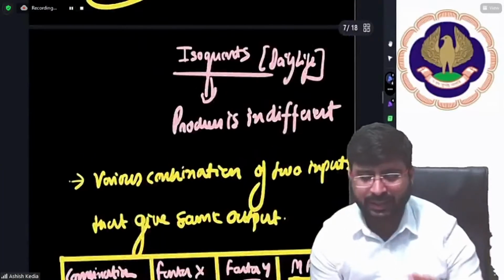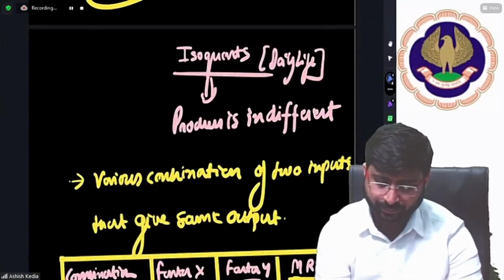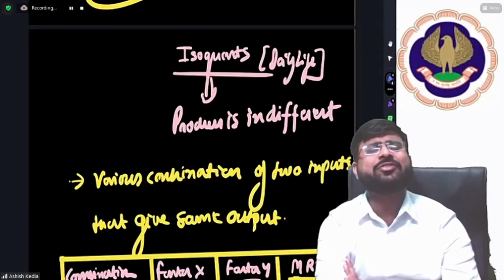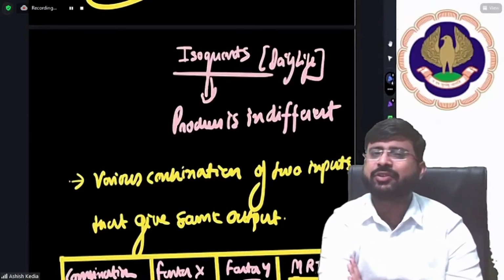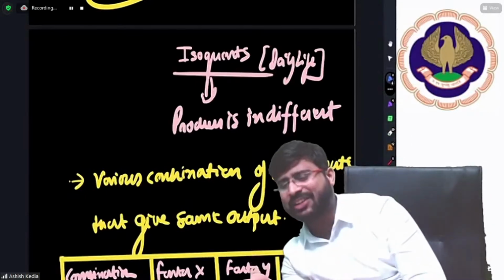With that being said, let's talk about iso-quant. You all remember the indifference curve definition? An indifference curve is various combinations of two commodities that result in the same satisfaction.